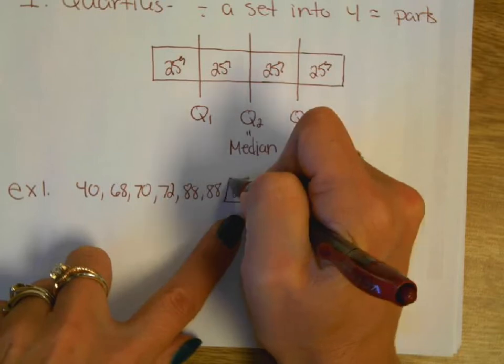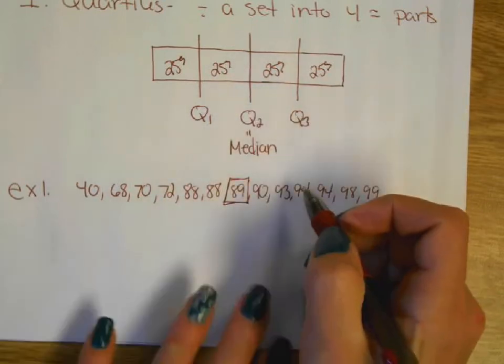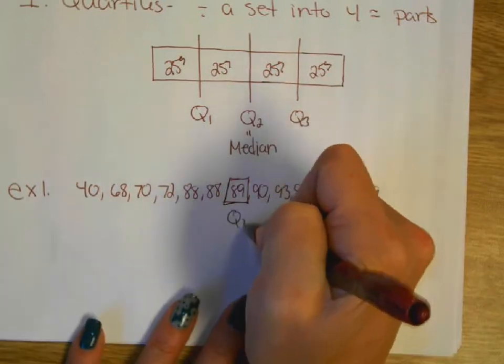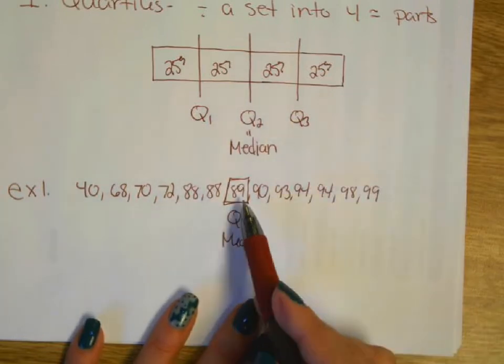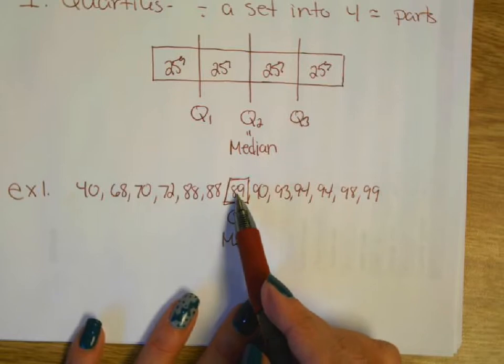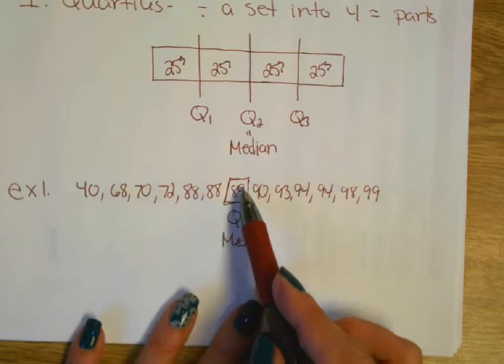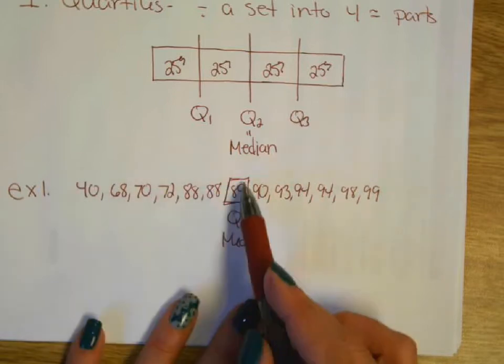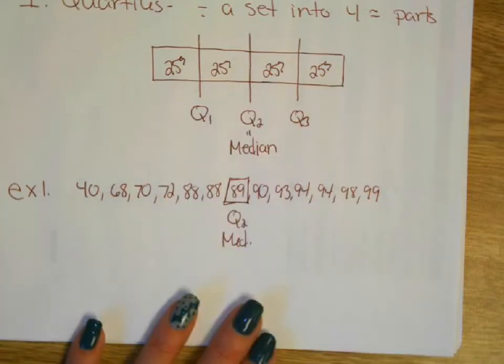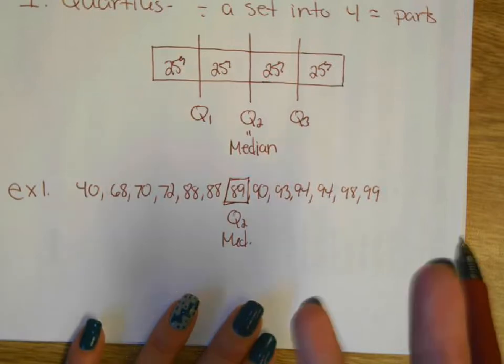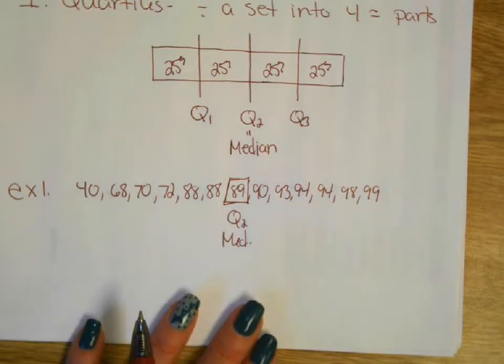So 89 is our middle value. That's our quartile 2. That's our median. So what we say is about 50% of the data is at or below. And I say about because you can see if you include it down here, this side is 1 bigger than this side. So that's why they're approximately 4 equal parts, because of the odd value. You can be 1 off from being perfect.